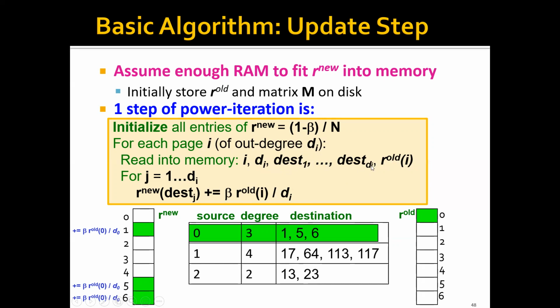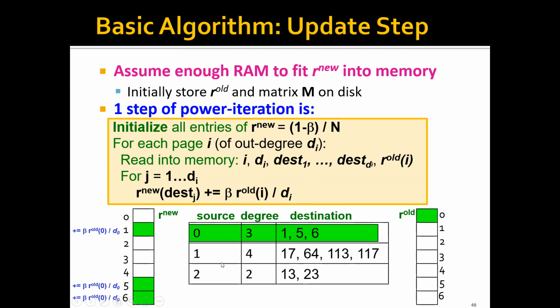Remember that we have d_i destination nodes, and we'll also read the corresponding entry for this page i in the R old. And then for each of the destination nodes, we will compute this same value, beta times R old i divided by d_i, and we will add this number into the corresponding entry in the R new.